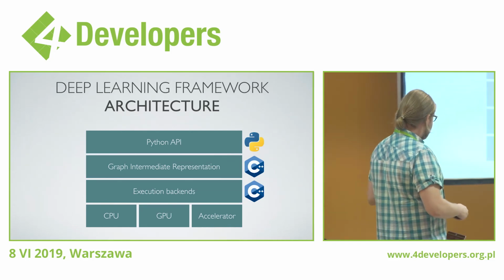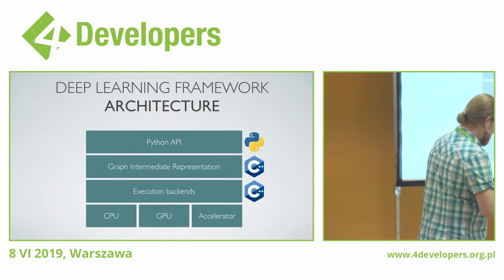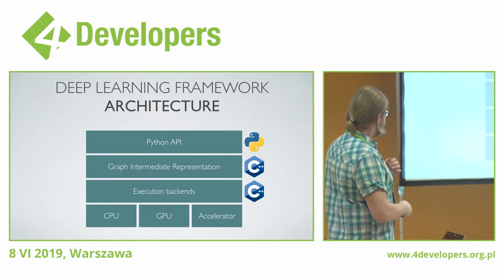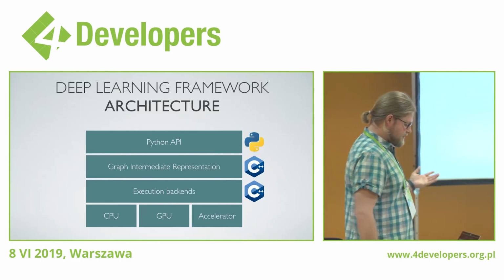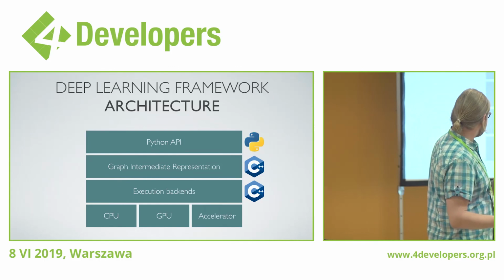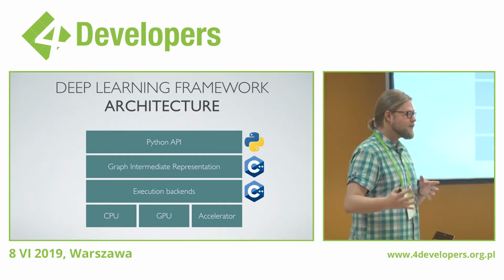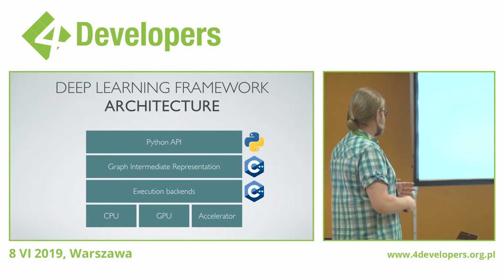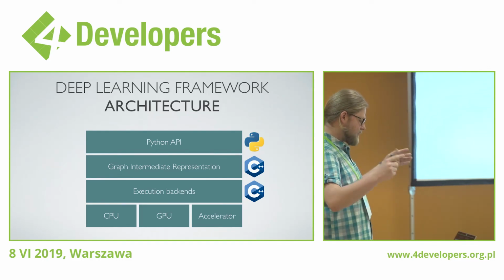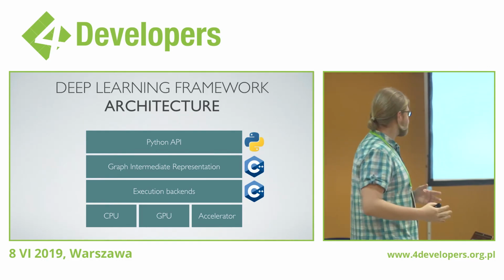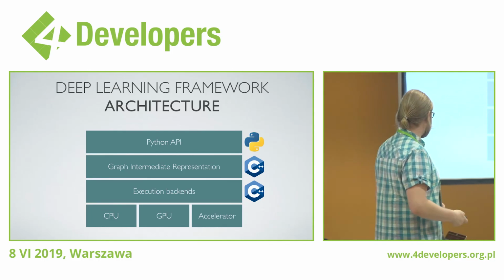Because neural networks are used for computation, the input produced by the data scientist or the user is transformed into a computational graph representation, which just represents all the mathematical operations that are needed to make the calculation.